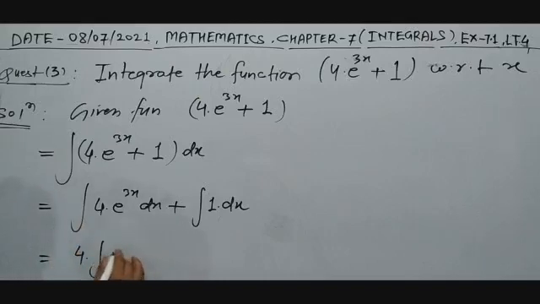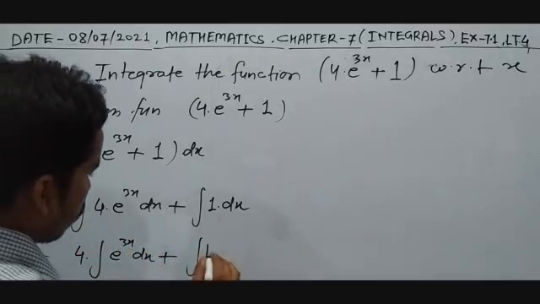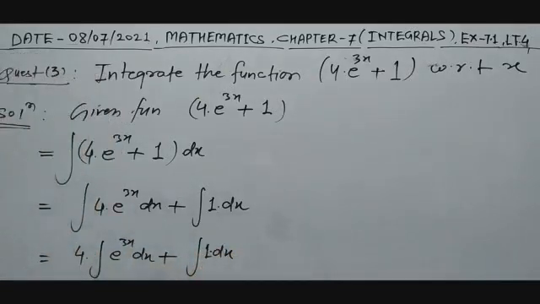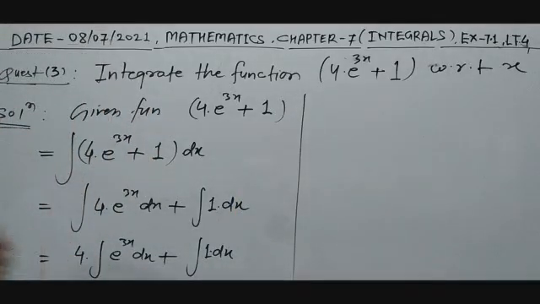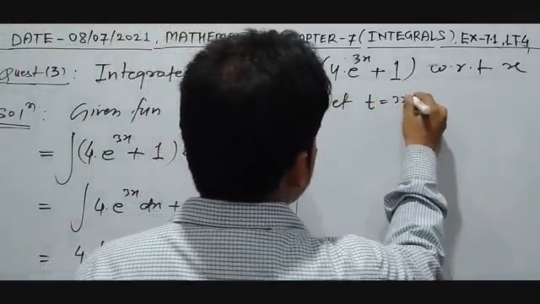So 4 times the integration of e to the power 3x dx plus the integration of 1 dx, and you know the formula, the integration of 1 dx is x. And the integration of e to the power 3x dx, what will be the result? Let t is equal to 3x.